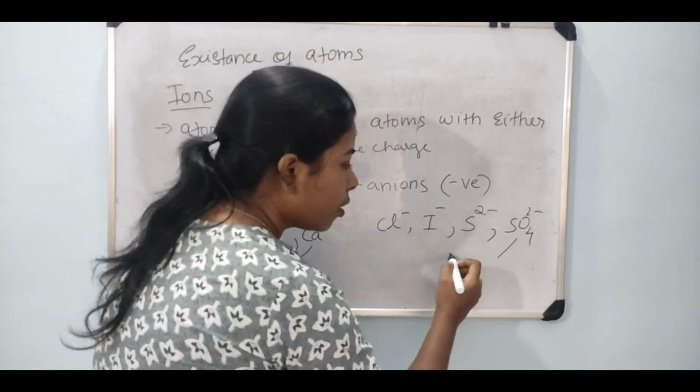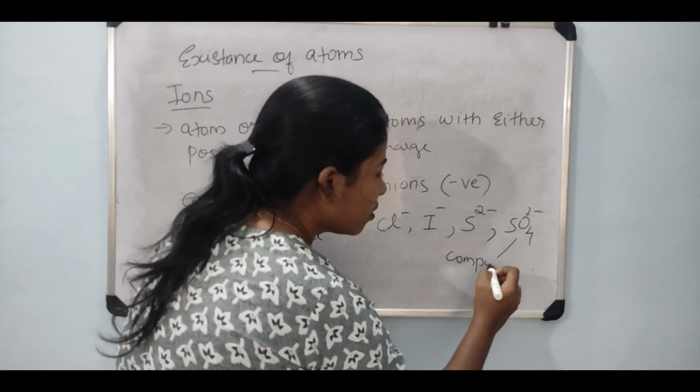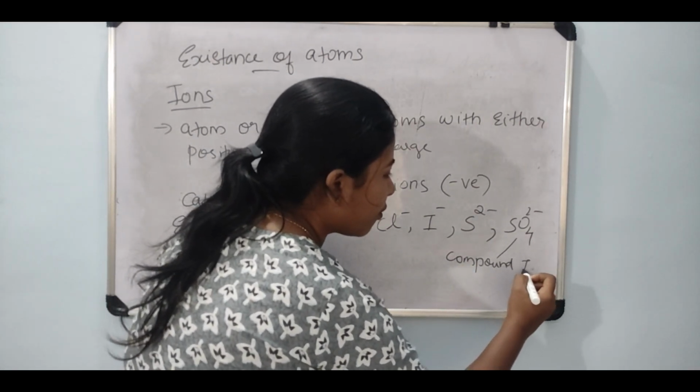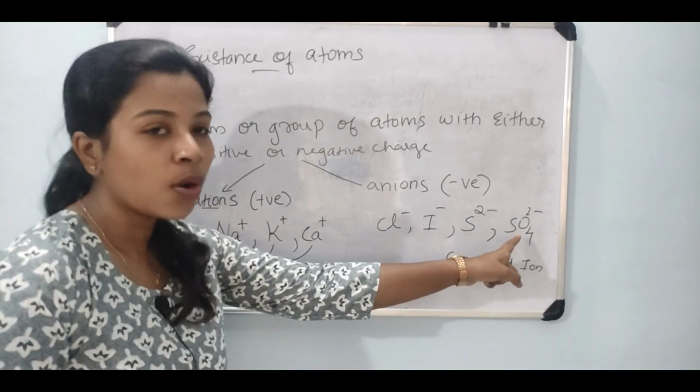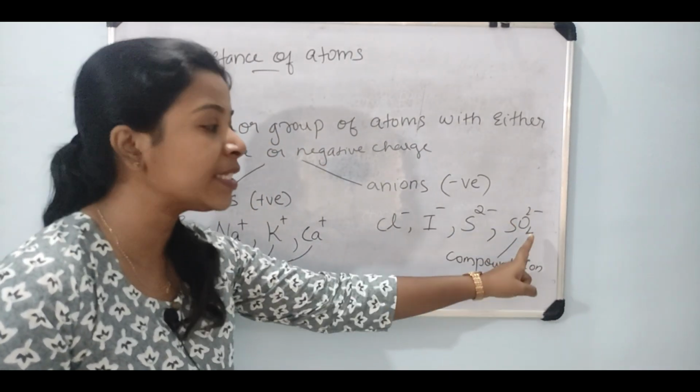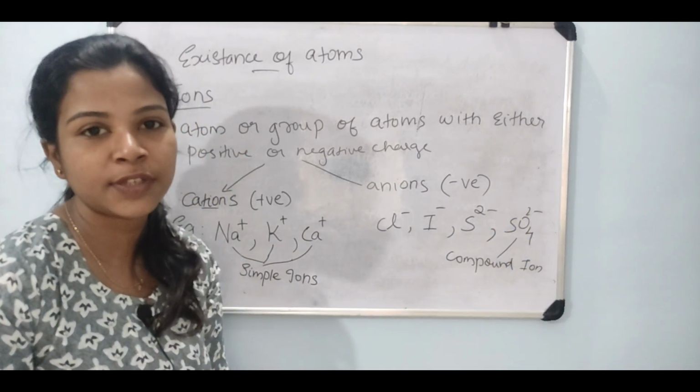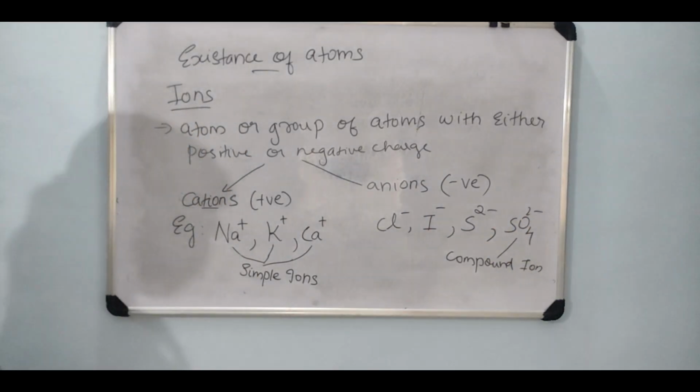This one is a compound ion. Why is this called a compound ion? Because more than one atom is there, meaning a group of atoms is having positive or negative charge. Okay. Clear?